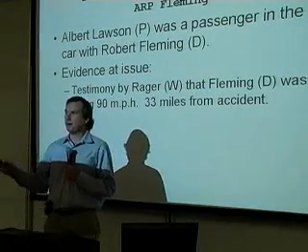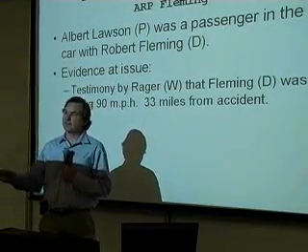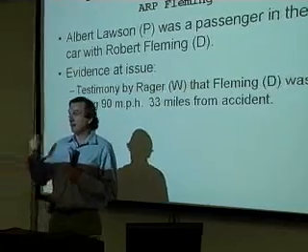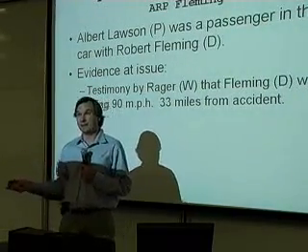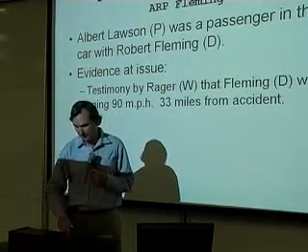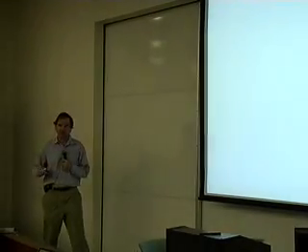We're going to apply the relevance test. We're first going to say, well, what are you trying to prove? And then, if that's an issue in the case, we're going to say, well, is it logically relevant to make that proof? So let's first decide, what is the evidence offered to prove? Let's say that the plaintiff is sneaky. The plaintiff says, I'm going to get around the logical relevance problems, because what I'm going to do is not ask the jury to infer anything.